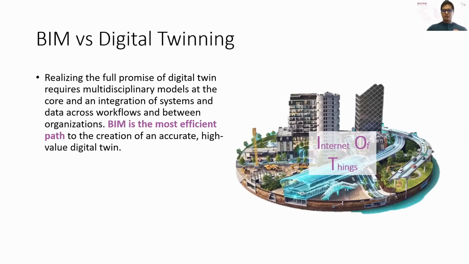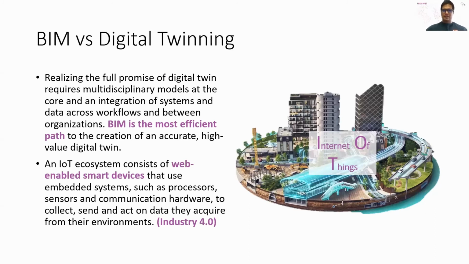Realizing the full promise of digital twinning, I mean, you've seen it, you can read up on it. It is so beneficial, and BIM is the most efficient part to achieving this. Because if you have an intelligent model and you have the digital replica of your asset, of your infrastructure, of your facility, it makes the integration with IoT that much more structured.